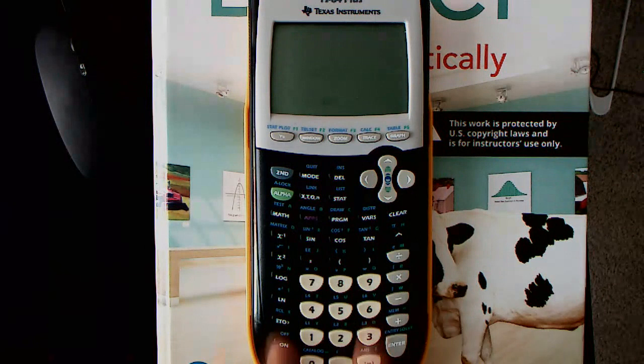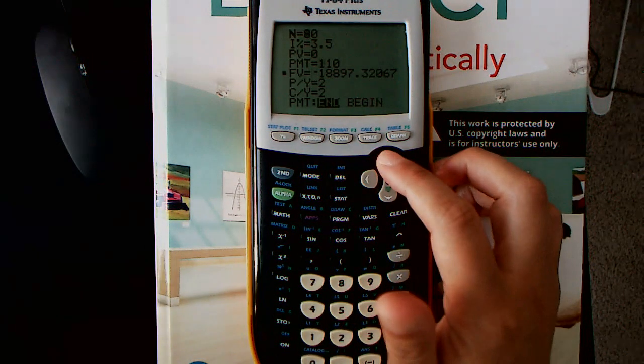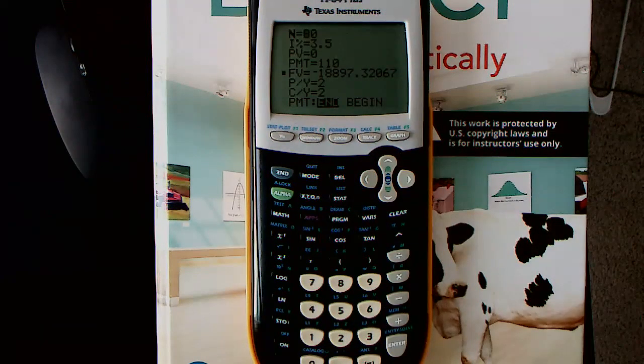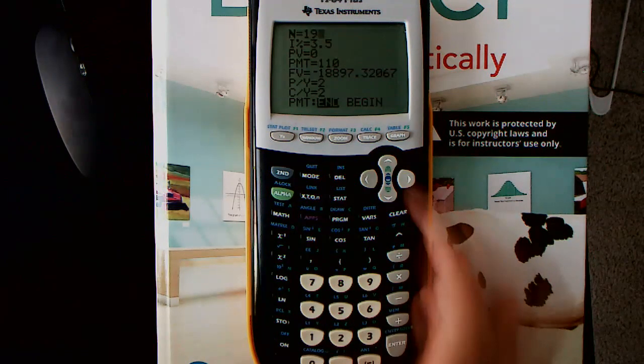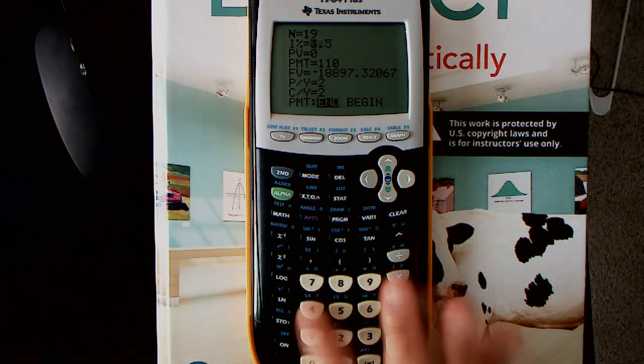Turn on my calculator and same menu. Let's go to the top and read the information that we have. Compounded annually, so once a year for 19 years. So big N is 19. Annual interest rate 4%, so just the 4.